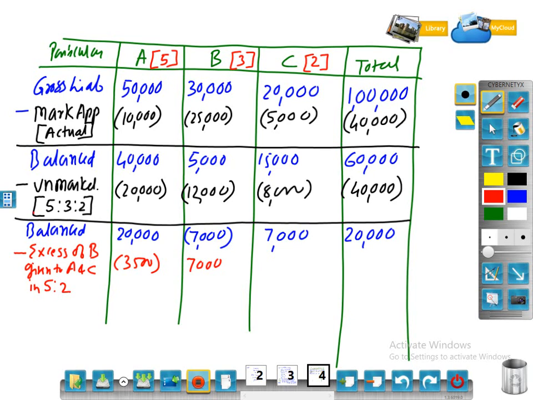Not 1,400. How much? 7,000 divided by 7 is 1,000. Total should be 7,000.